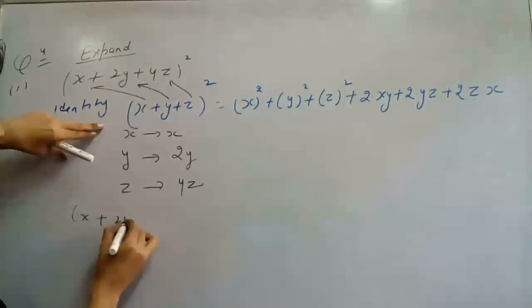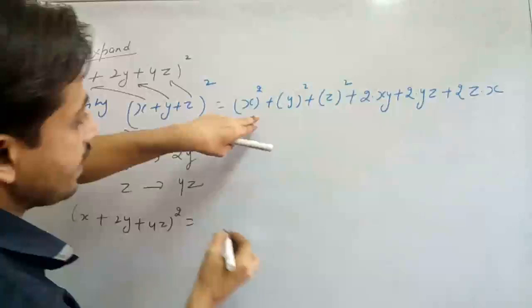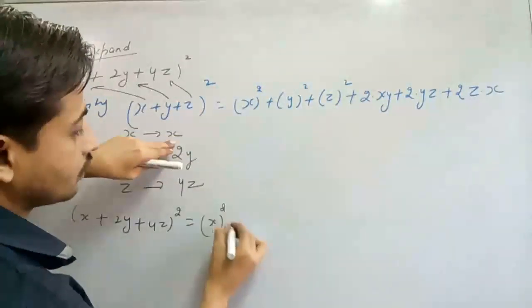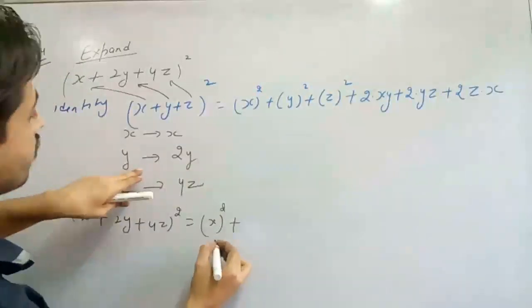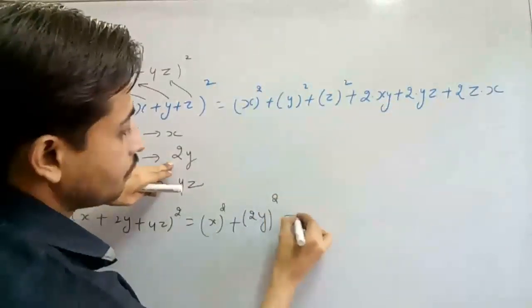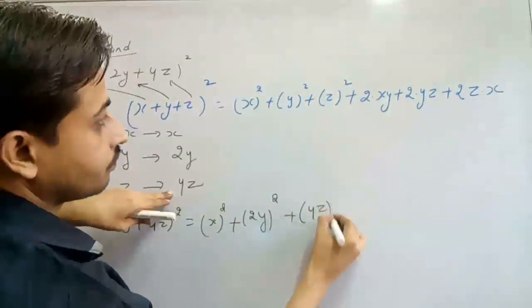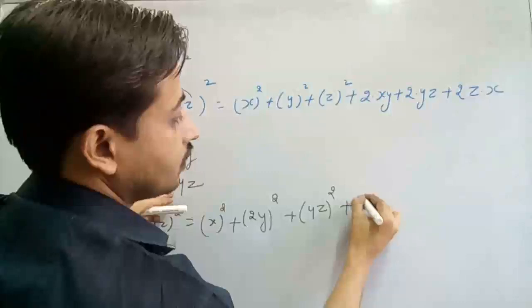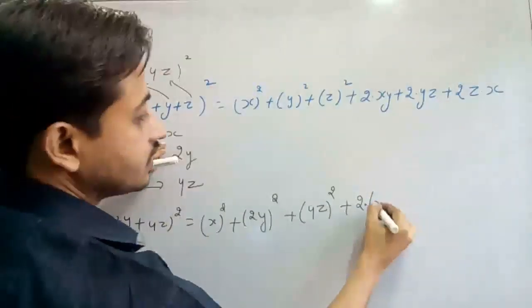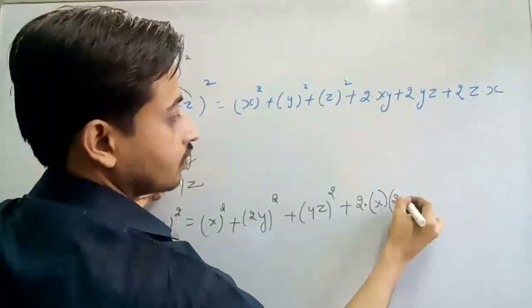(x + 2y + 4z) whole square is x square, x is x, plus y square, y is 2y, plus z is 4z, plus 2 multiply x, x is as it is x, y is 2y.